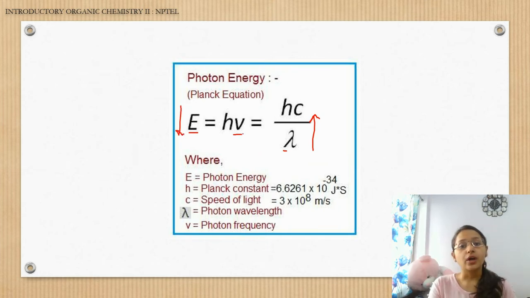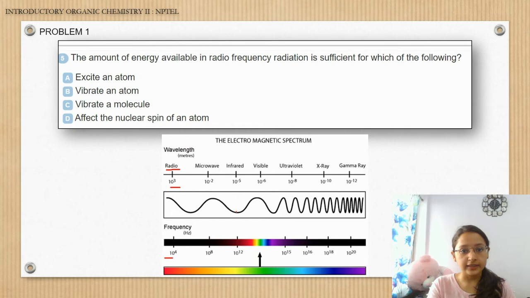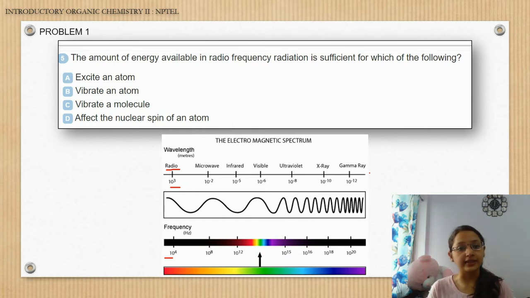So the energy of these radiations is the least. As we go from radio waves, microwaves, infrared, visible, UV, X-ray, and gamma rays, the energy is increasing dramatically. Coming to the question, the energy related to radio frequency radiations is very small, so it is not able to excite an atom.